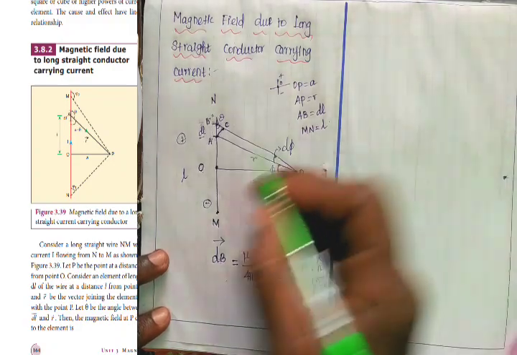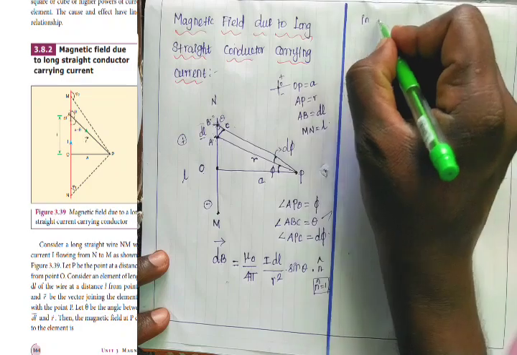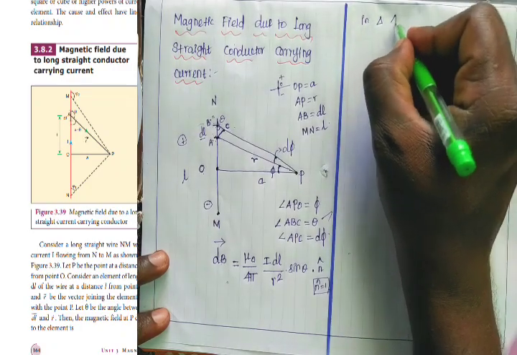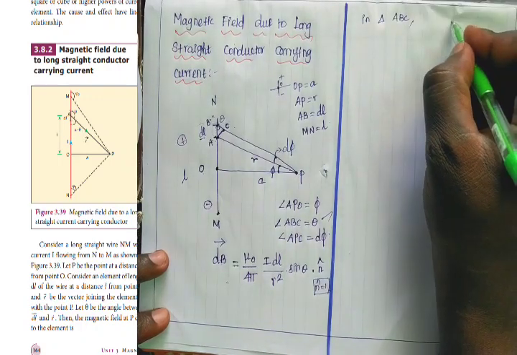So first we consider the angle ABC in triangle ABC.